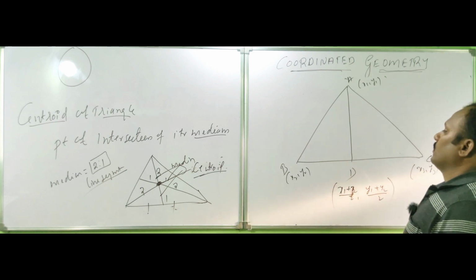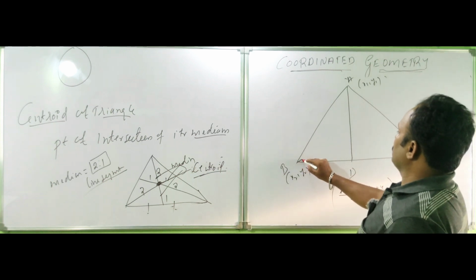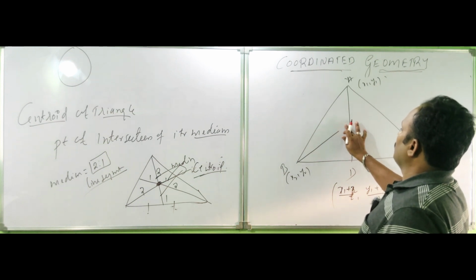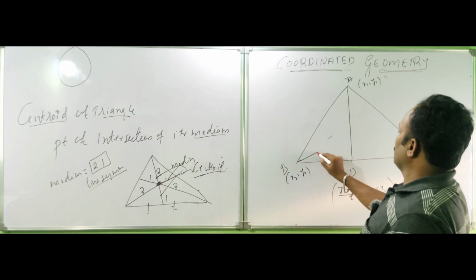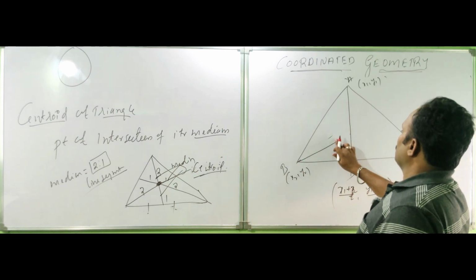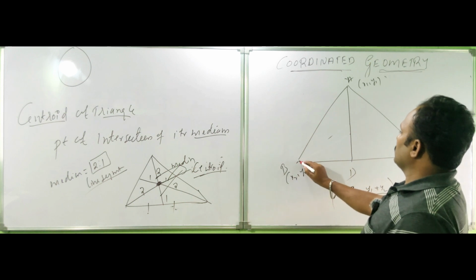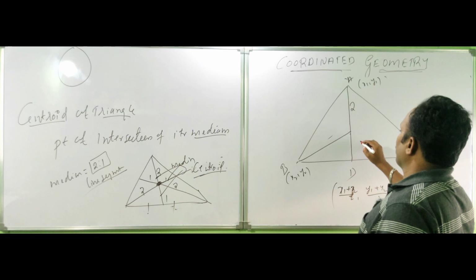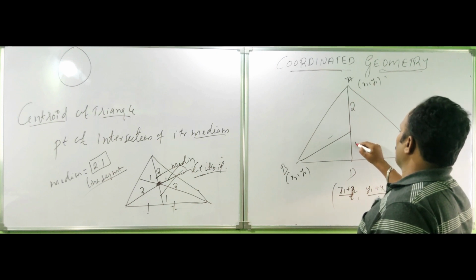What we want is this median, which divides the line segment into 2:1.